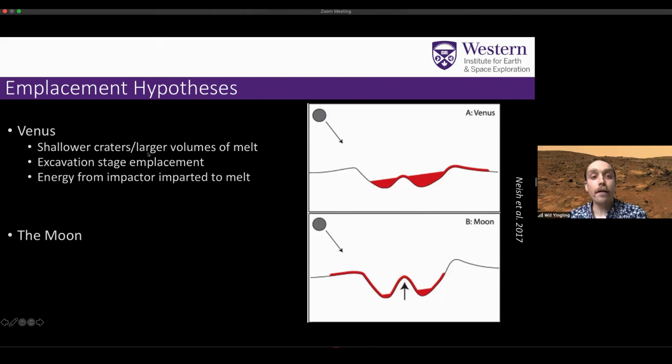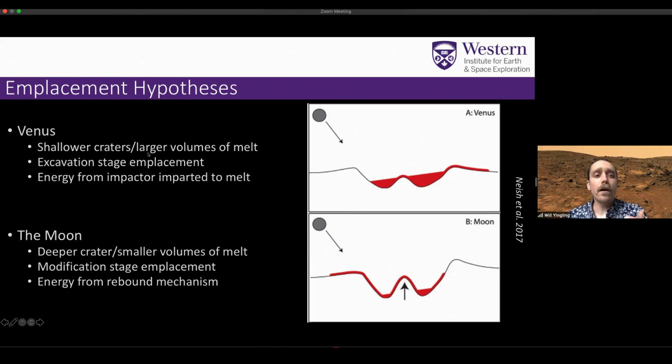For the moon, however, there are generally deeper craters than we see on Venus due to the inverse gravity scaling law. And there's generally smaller volumes of melt. I believe the mean impact velocity difference between Venus and the moon is that Venus has about 25 kilometers per second, whereas the moon has about 19 or 20 kilometers per second average impact.